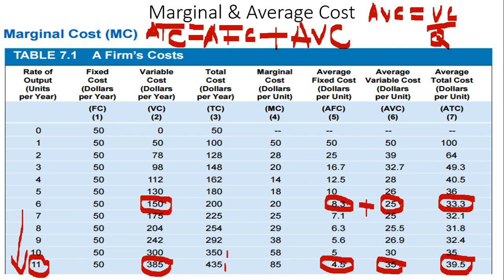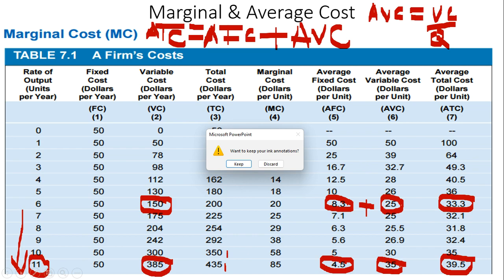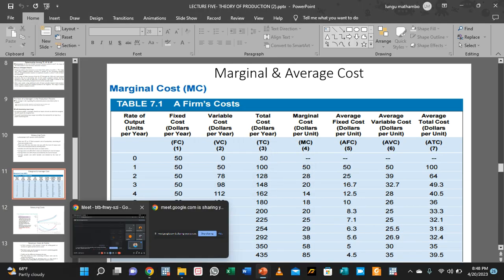To get the average fixed cost, it's just the fixed cost divided by the level of output. Therefore, to get the average total cost, I'll just add the average fixed cost plus the average variable cost. So that is what is supposed to be done.